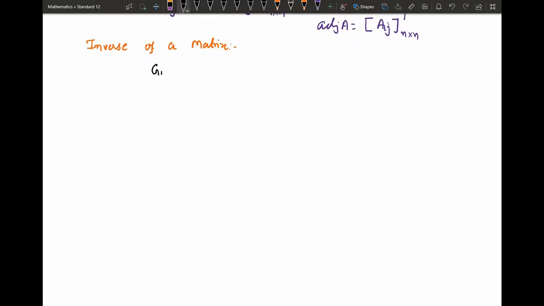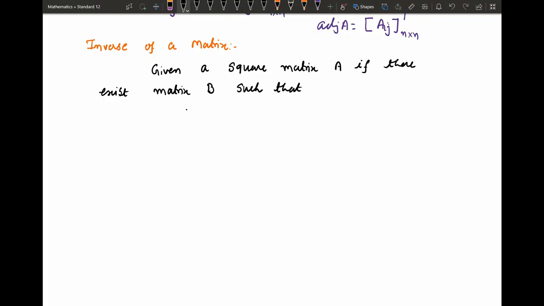Given a square matrix A, if there exists a matrix B such that AB equal to BA equal to In, it is the n by n identity matrix.